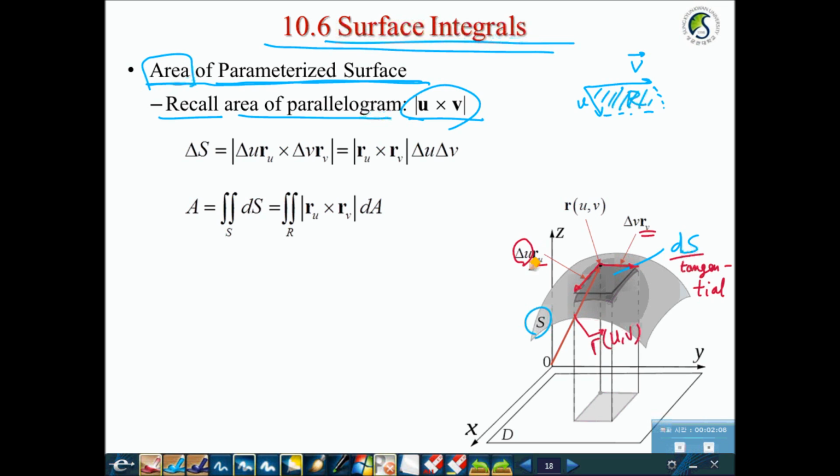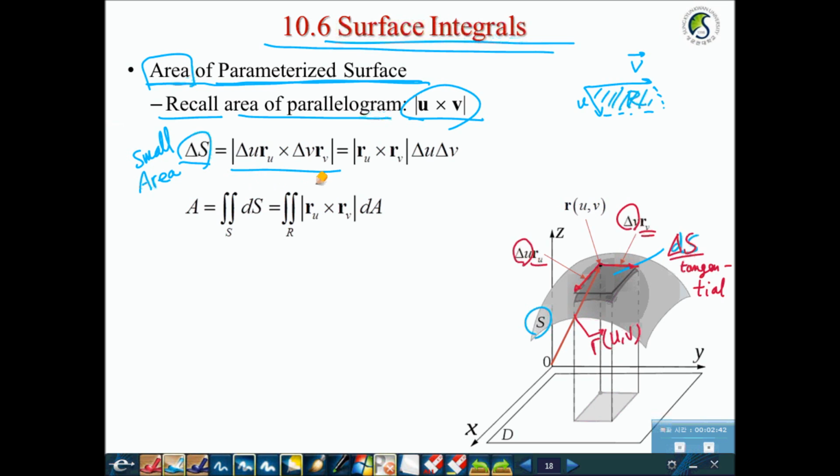Then if you multiply by the scalar value delta u or delta v, that's the amount of the vector. That's what delta s is. Before you make delta s go to 0, delta s is the area of this parallelogram, a small area.